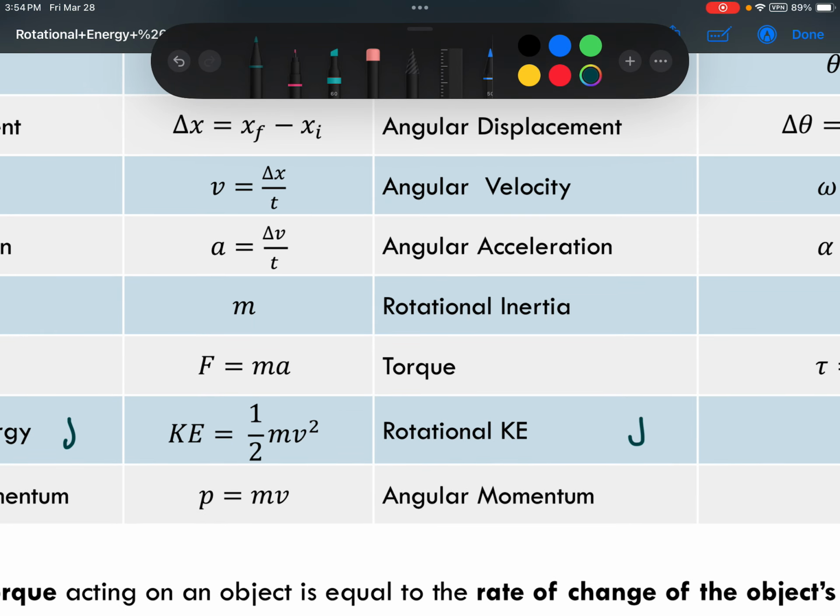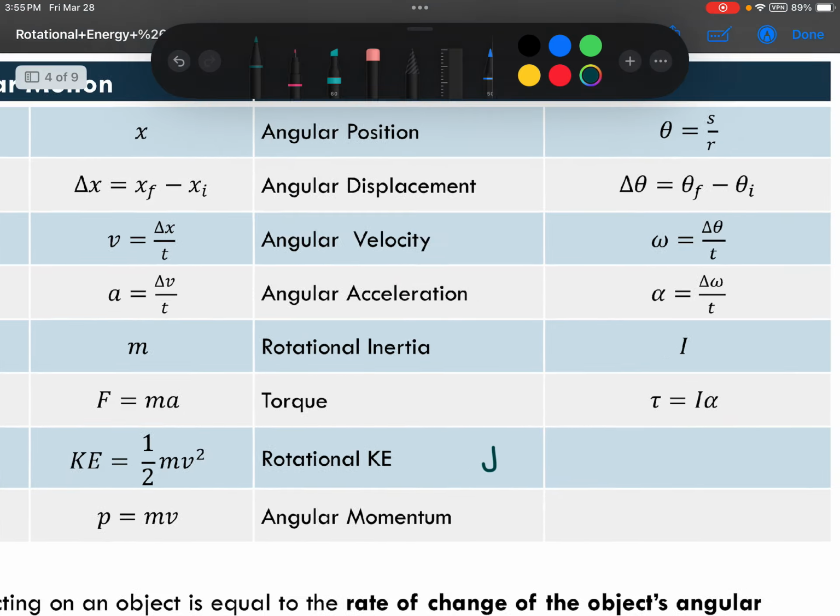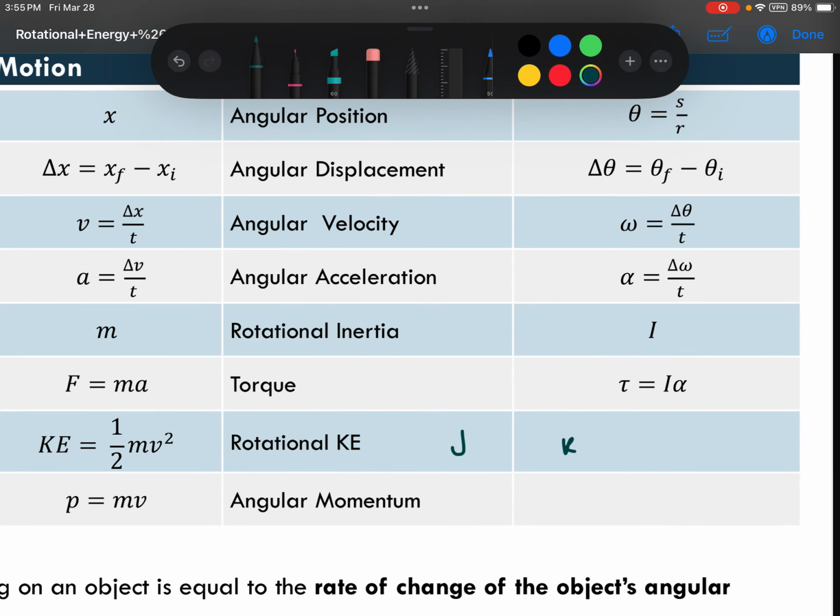That's what allows us to use the conservation of energy equation the same, just with this new type of energy to consider. And we mentioned its equation: the rotational kinetic energy is 1/2 I omega squared.